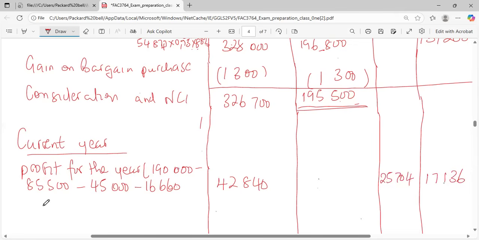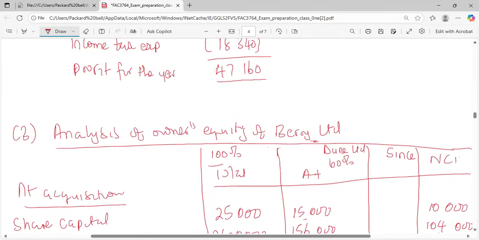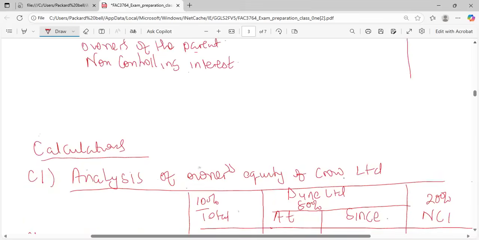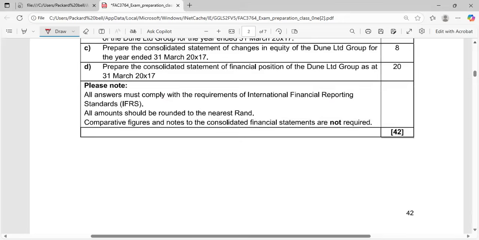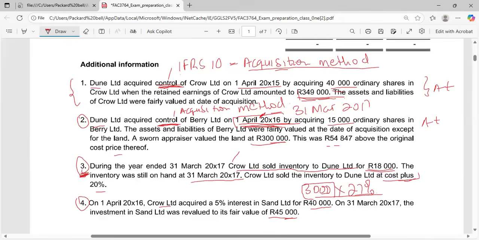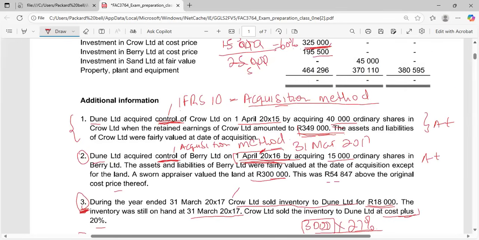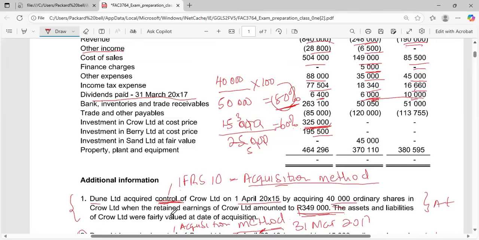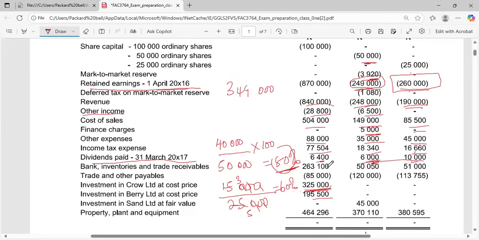So which means we'll go to where? Dividends. We look at the dividends that were paid by Bear Limited, the intra-group dividends from Bear Limited. So we check from our trial balance to get the intra-group dividends. So let's look at dividends. Bear Limited paid 10,000. So that's the dividends that were paid.